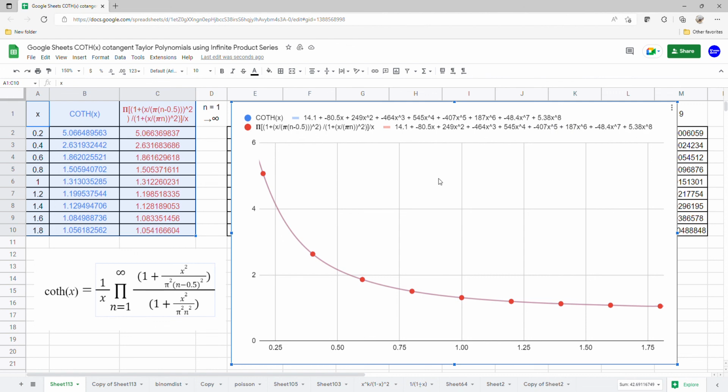So they're exactly the same and their polynomials are exactly the same. This completes the use of the infinite product series to generate a Taylor polynomial of hyperbolic cotangent.